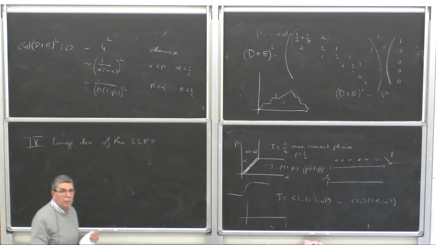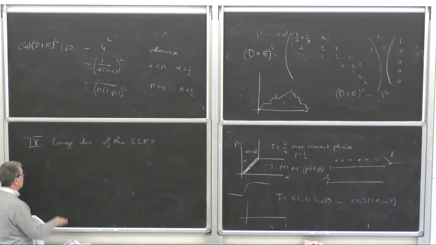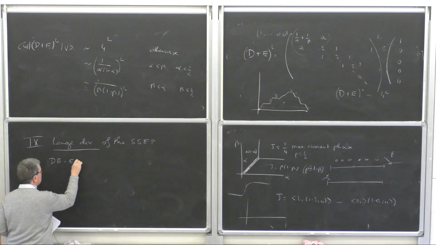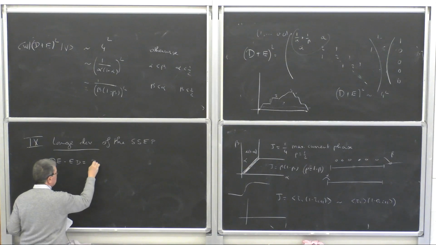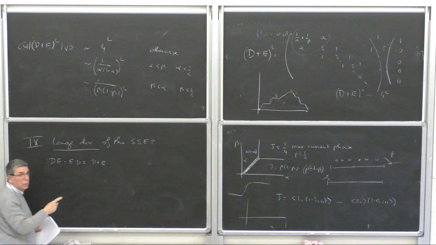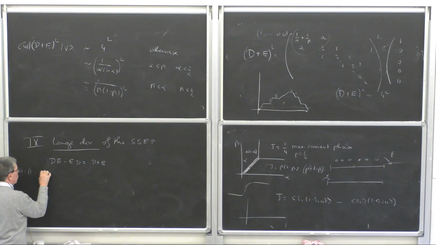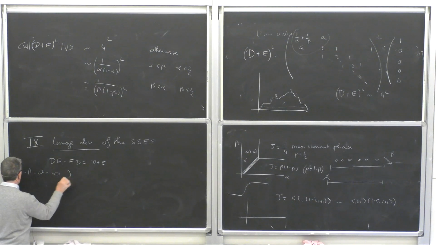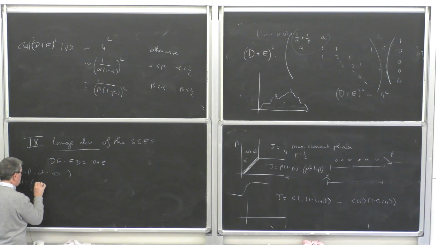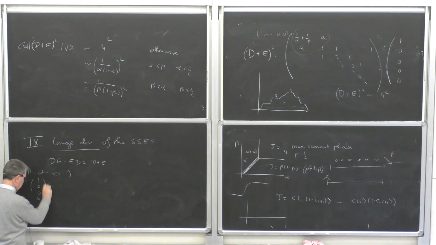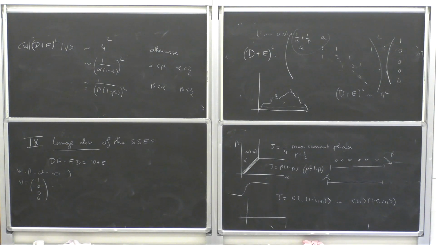The first thing you can try is to solve DE minus ED equals D plus E, because now it's a SEP, with the vectors W equals 1, 0, 0 and V equals 1, 0, 0. And the matrices will be of the following form.